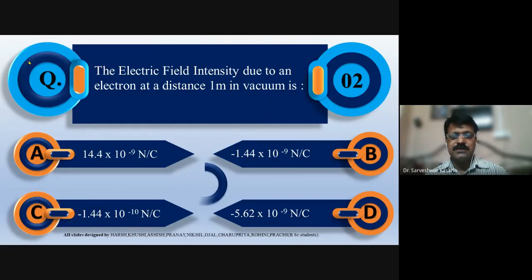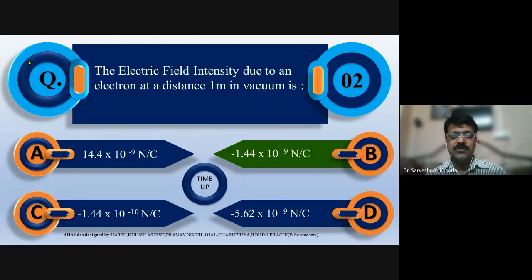And here the charge is of an electron. So yes, the answer is minus 1.4 into 10 to the power minus 9 Newton per coulomb.